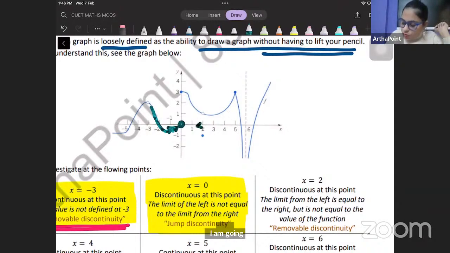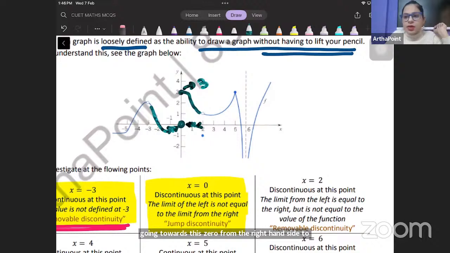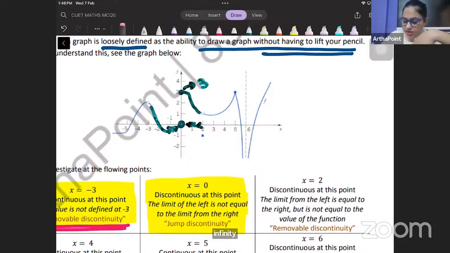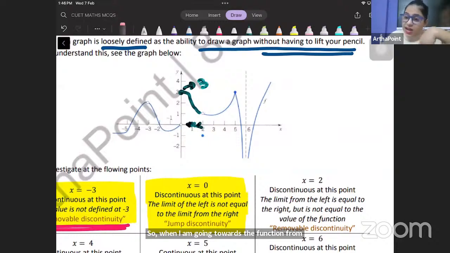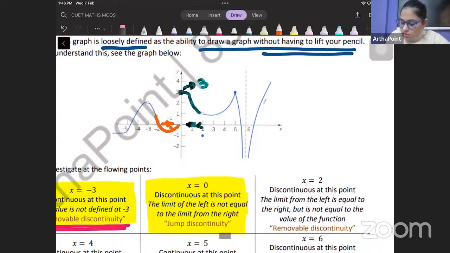But when we are going towards this 0 from the right hand side, तो मेरा function value ले रहा है 3. So when I am going towards the function from the left hand side, my function value is also going towards 0. जब मैं x को 0 से approach कर रही हूँ, the function value is going towards 0. और जब मैं function को right side से approach कर रही हूँ, when I'm trying to approach 0 from here, my function is going towards 3.